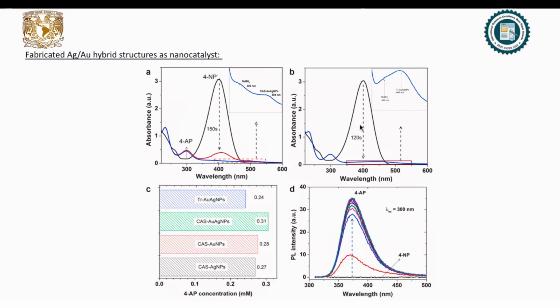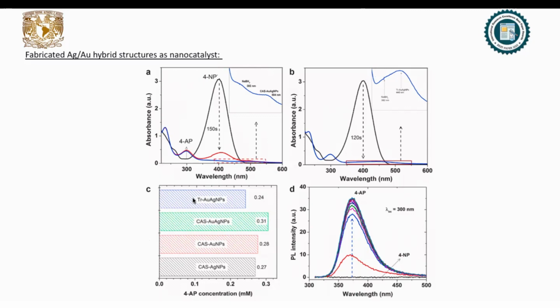We observed the same thing using the chemically fabricated nanoparticles also, although it takes much less time compared to the green synthesis nanoparticles. When you see the percentage yield of 4-aminophenol production, the coffee gold nanoparticles are higher compared to the chemical method.